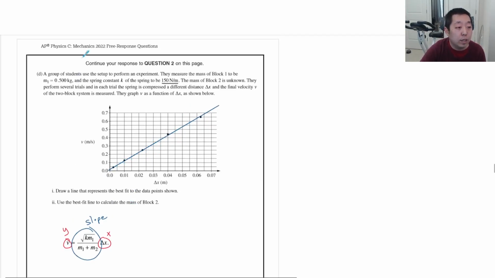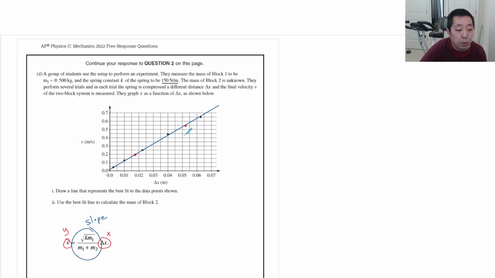Let's find the slope. Okay, pick 2 points. I'd like to pick points that are easy to read, but I can't see anything easy to read. So I'm going to pick this point here, and then say this point right here. We'll just imagine that those 2 points are good.